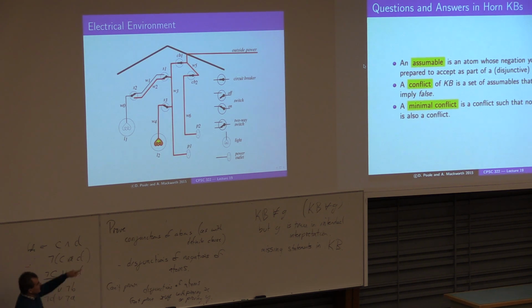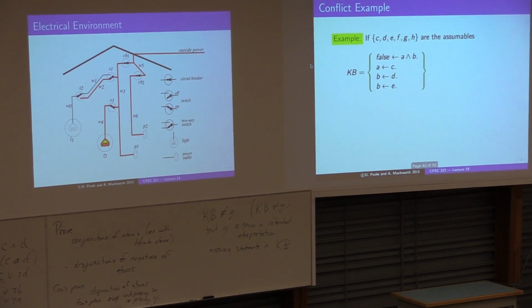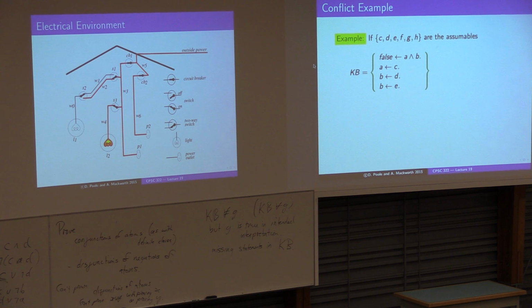Then we're going to have a conflict of a knowledge base, a set of assumables that together with the knowledge base imply false. And a minimal conflict is a conflict such that no strict subset is also a conflict. So we're now going to have assumables, conflicts, and minimal conflicts of the answers that we could do. Now we're going to write down what our assumables are.